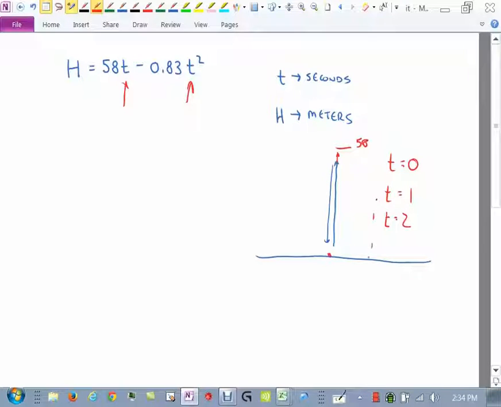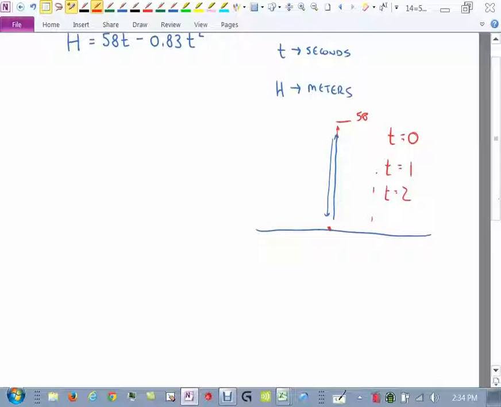That's the basic idea. But let's talk about the questions here. First, find the velocity at 1 second. So how fast is this thing going after 1 second? B, what's the velocity at t equals a? So at any point in time, what's the velocity?